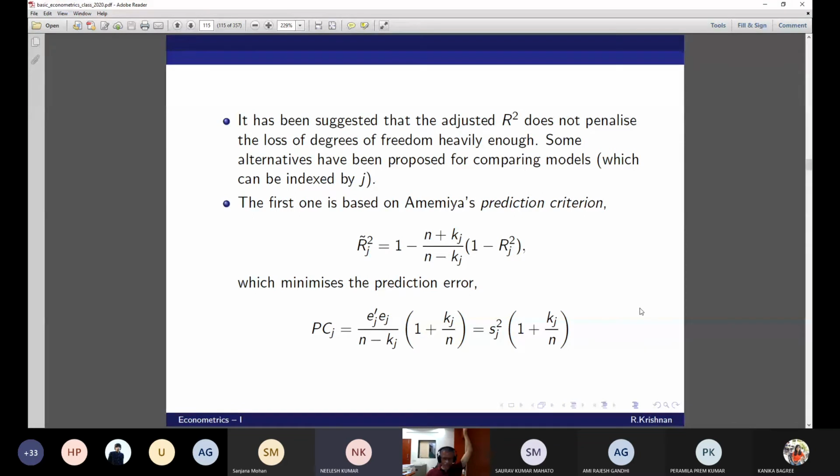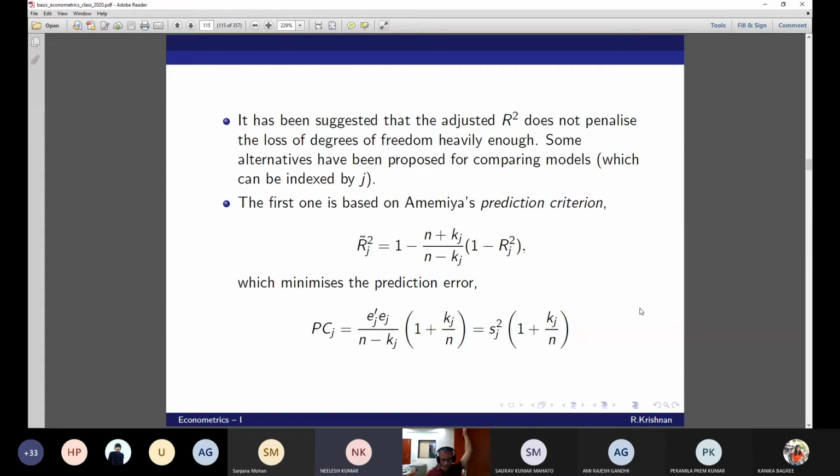People are saying the R bar square we get is not strong enough, so Amemiya has suggested this one. J equal to 1 will be the model with 5 independent variables, and J equal to 2 will be the model with 6 independent variables. So when you add the 6th variable, instead of using the R bar square from the previous formula, Amemiya says use this R bar square. That's it.